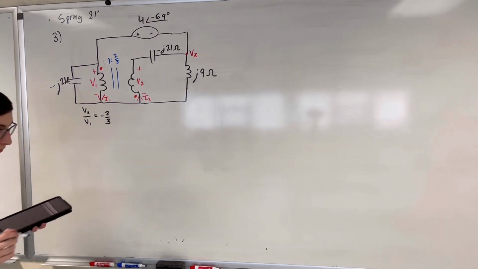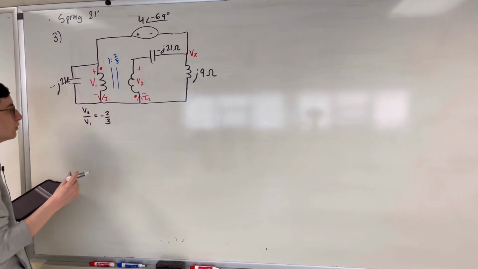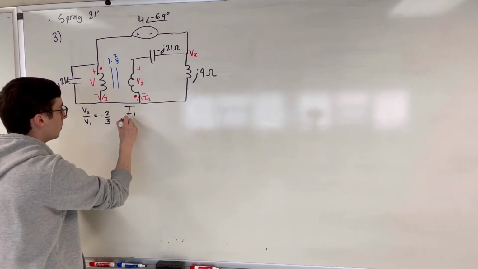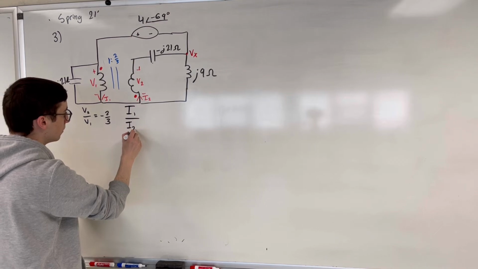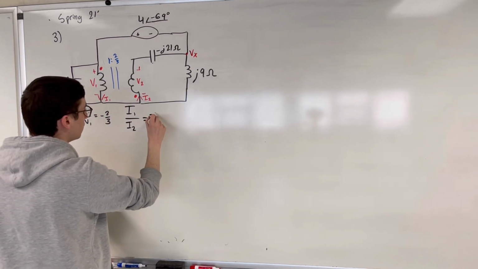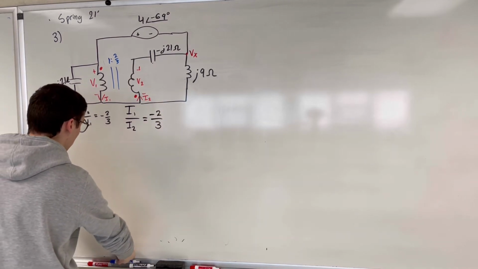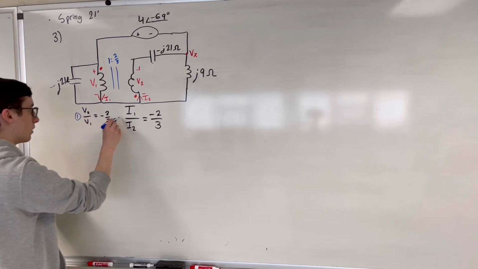And then we want I1 over I2 to be equal to negative 2 over 3.